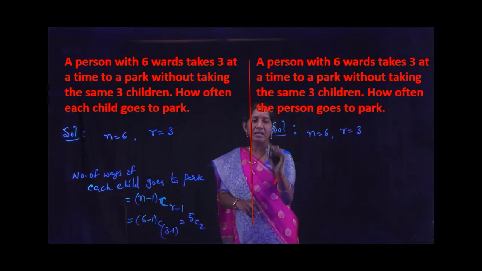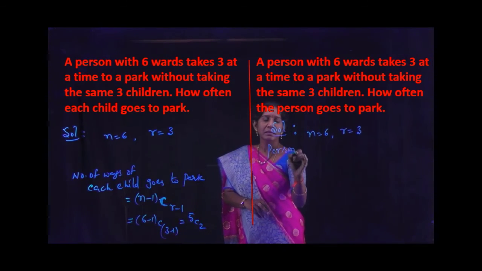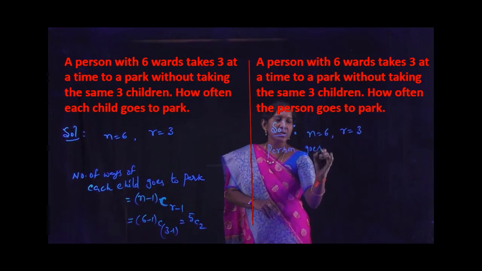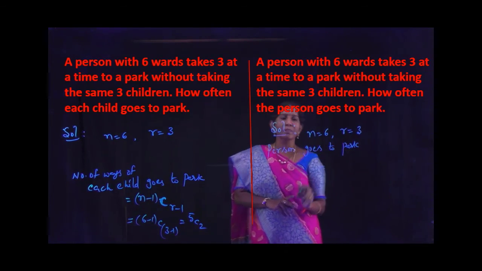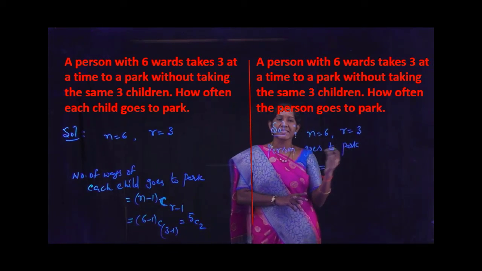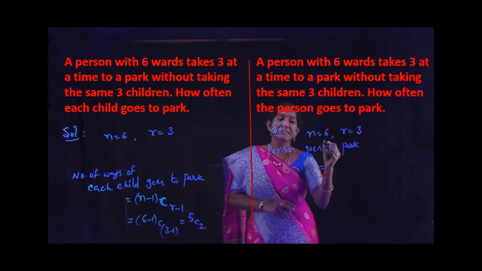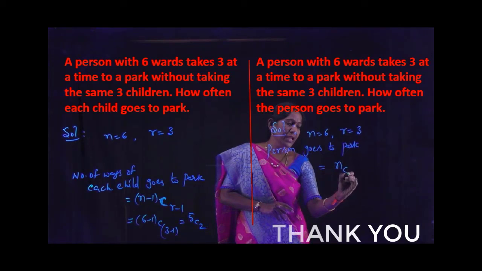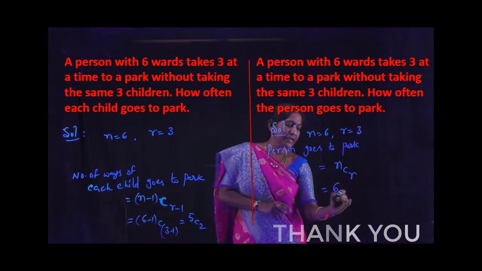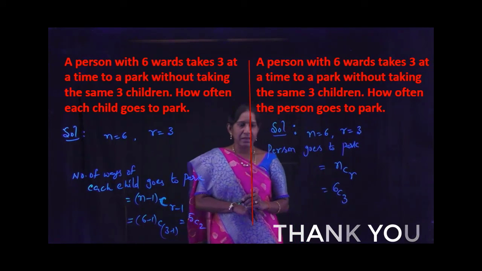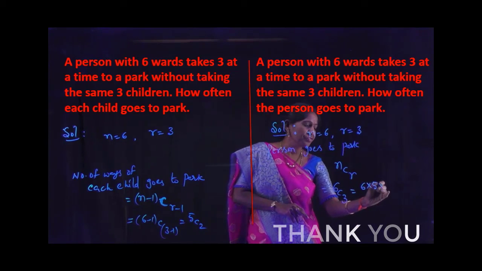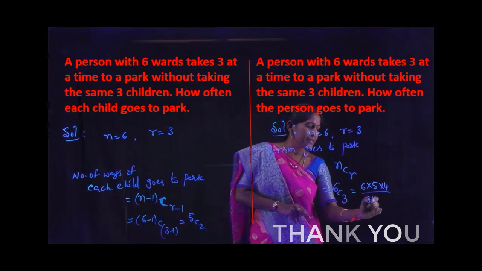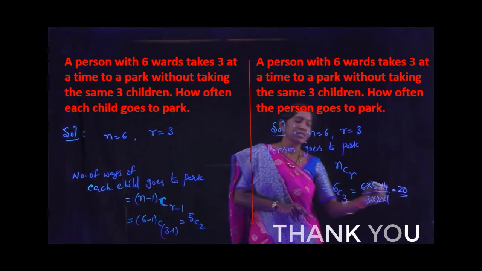How often does the person go to the park? The person goes to the park means selecting 3 children out of 6 persons in 6C3 ways. By the formula nCr, we get 6C3. To find the value of 6C3: 6 into 5 into 4 by 3 into 2 into 1, by cancellation the value is 20.